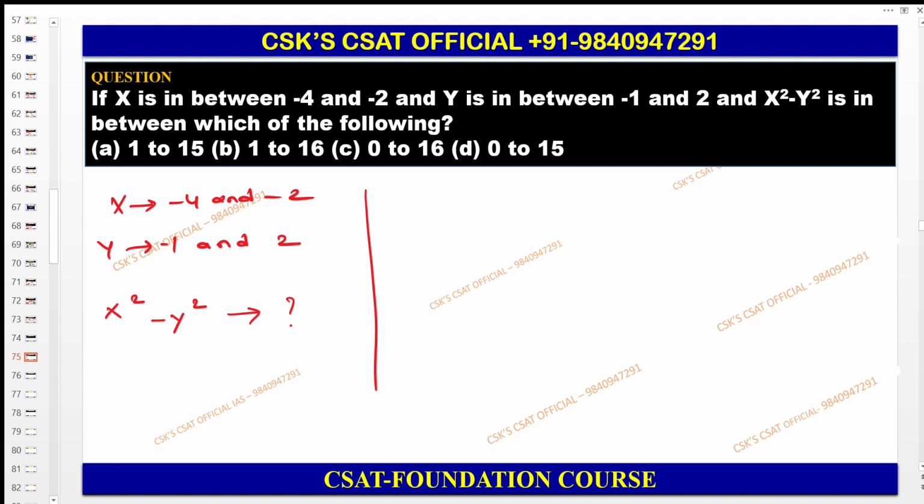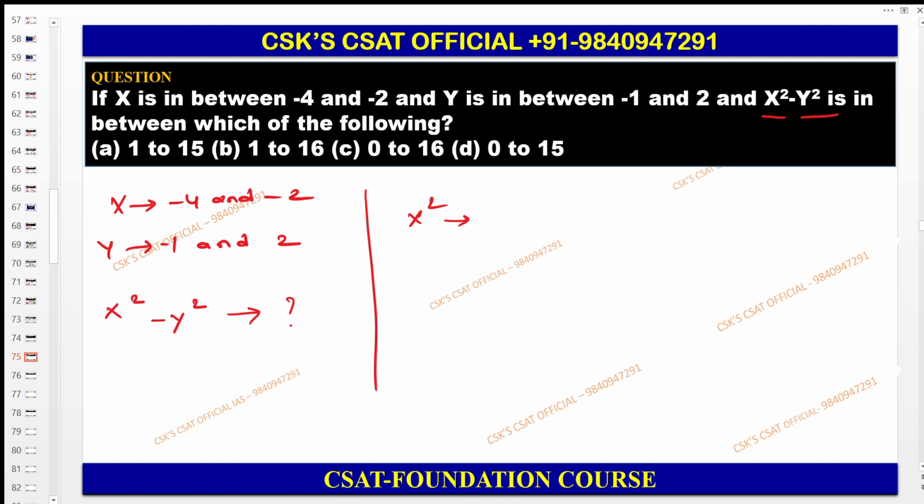So listen carefully. First of all, what is the value of x here? X lies between -4 and -2. Then what is the value of y? Then what is x square and y square? So now tell me the x square first.